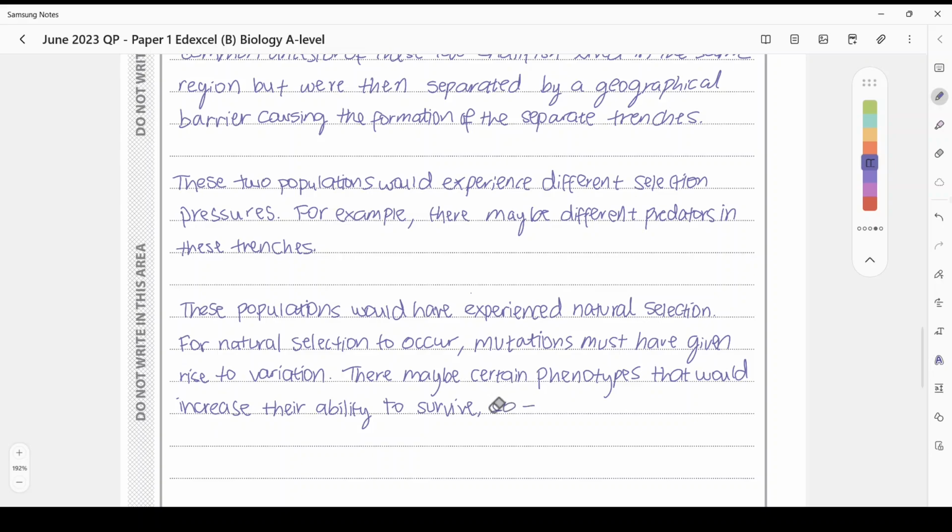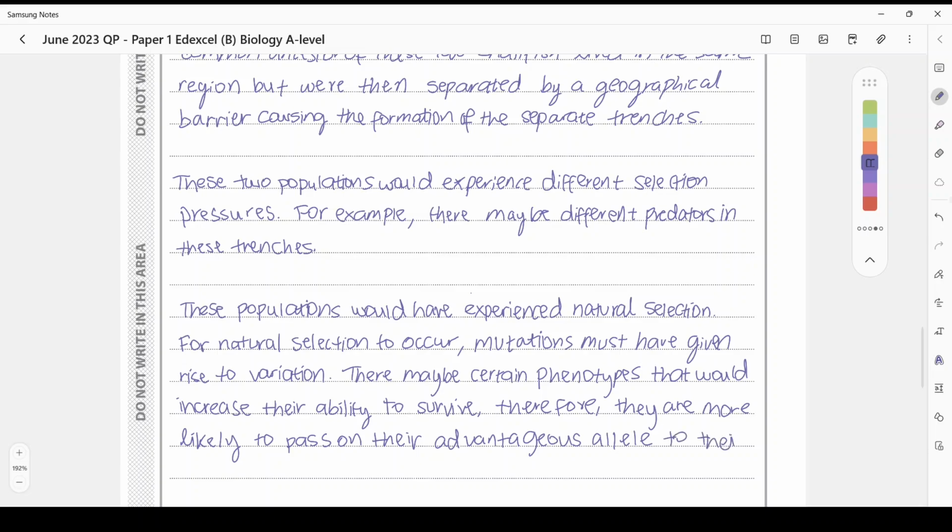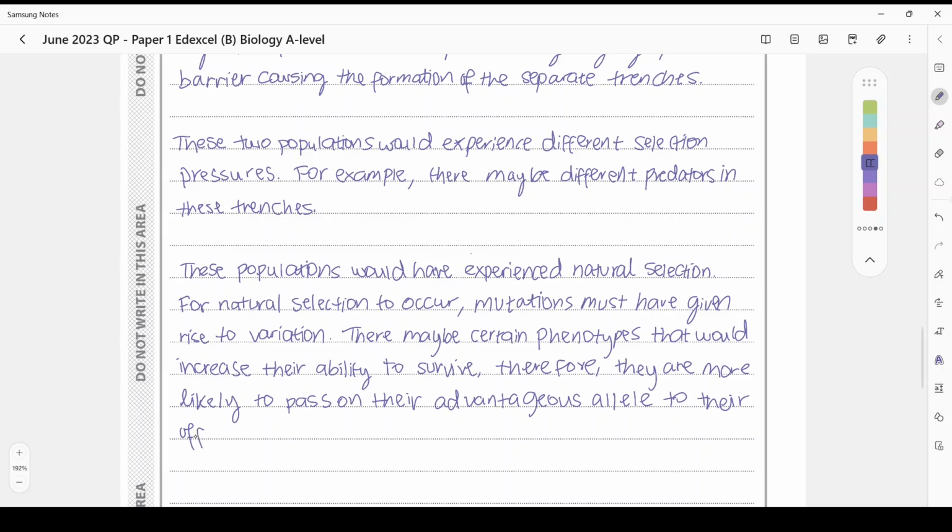So, therefore, they are more likely to survive and pass on their advantageous allele to their offspring.